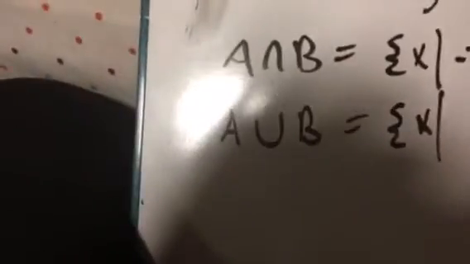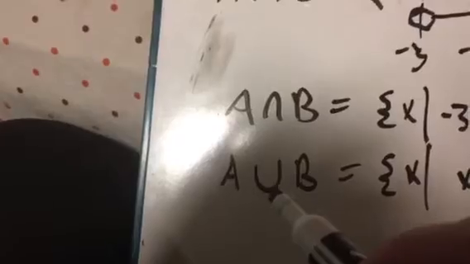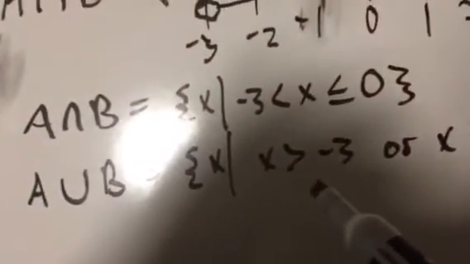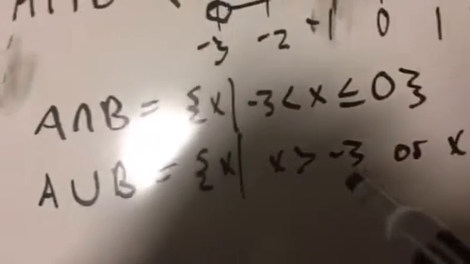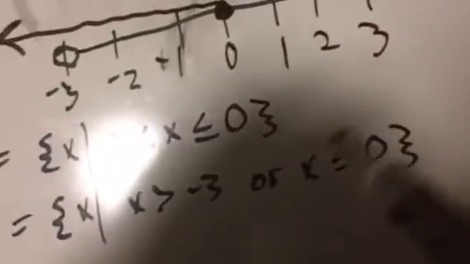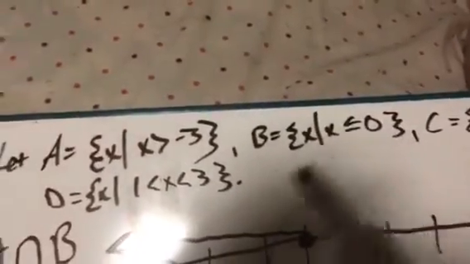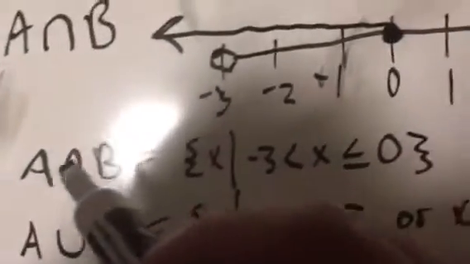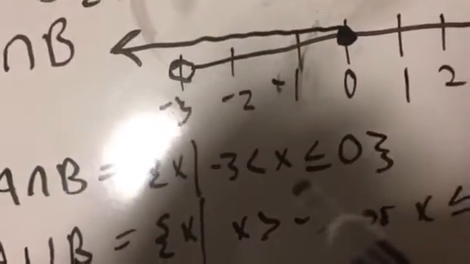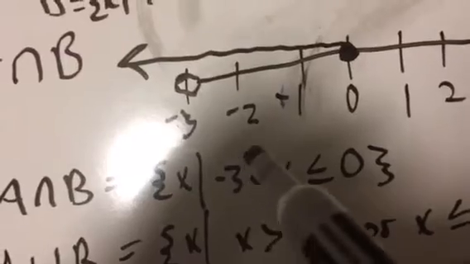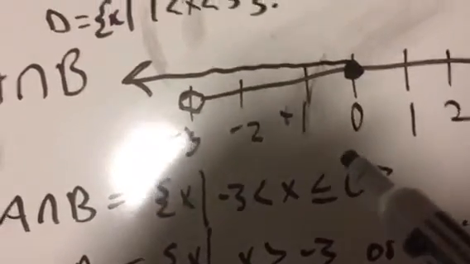The union, meaning both sets added together, is all x's that are in this one or this one, just the two up here combined. As opposed to the intersect, where x has to be in both, which means it has to be this and this.